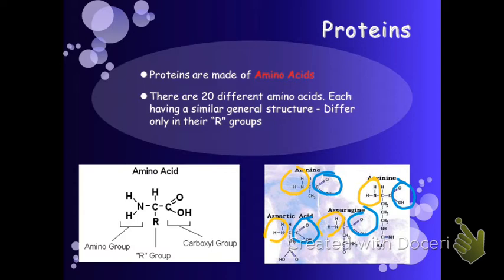What makes them different from each other is that R group at the bottom. They all have a different R group at the bottom, and this is what makes them unique. Depending on the combination that you put these together, that's what type of protein you're going to get.